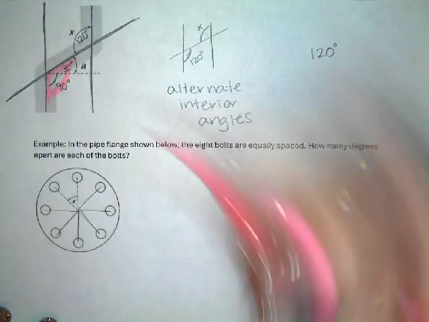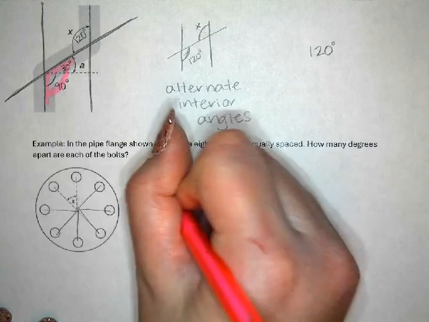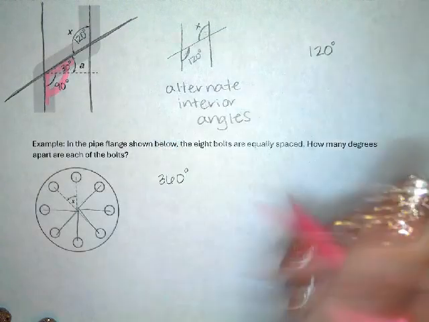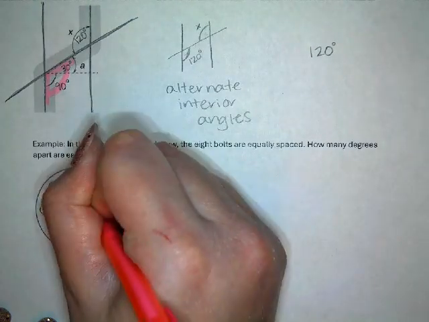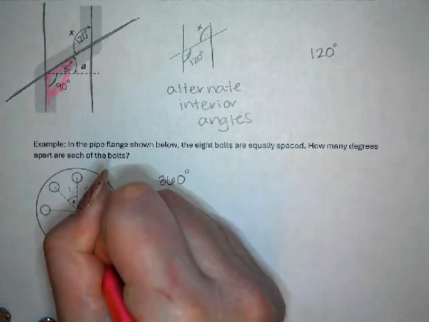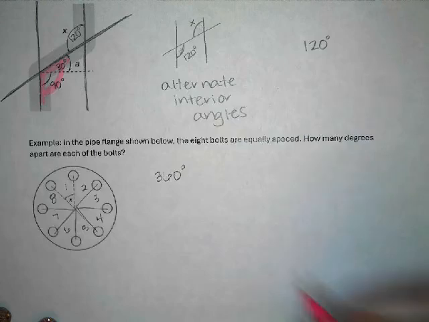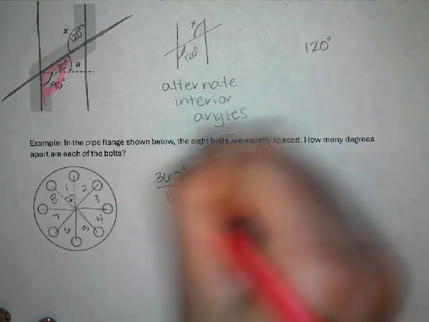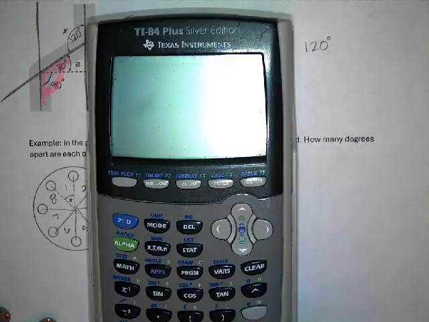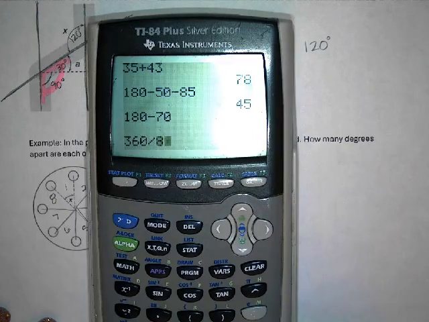And I've got 1, 2, 3, 4, 5, 6, 7, 8 spaces. So 360 divided by 8 spaces that should all be equal in measure is 45 degrees. So each of those should be 45 degrees apart.